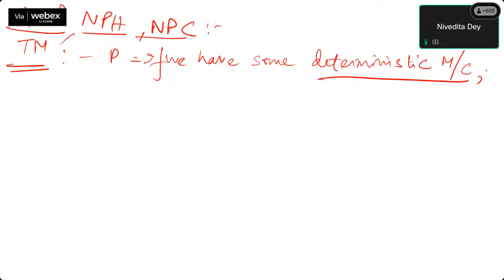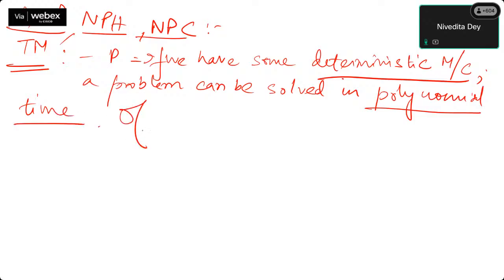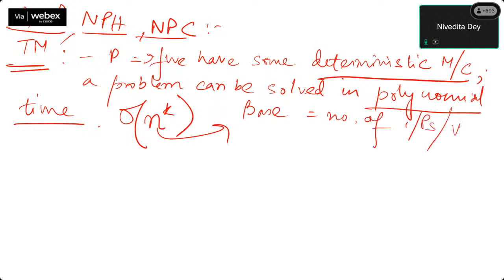Okay, so if we have some deterministic machine, then a problem can be solved in polynomial time. What do I mean by that? Polynomial time means order of n to the power k, where n is the number of inputs, variables, and k is some constant.